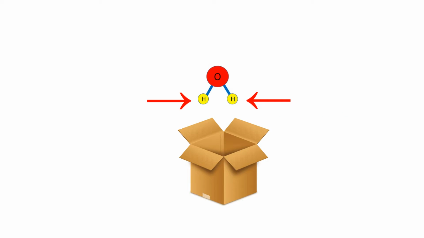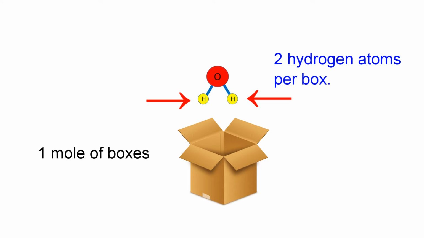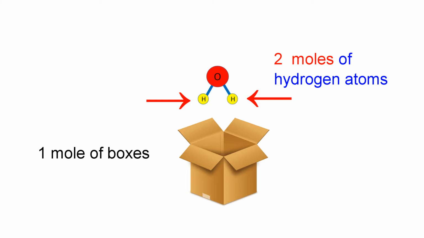Okay, now let's think about the hydrogen atoms. When we purchased 1 mole of boxes, how many hydrogen atoms did we buy? Well, we have 2 hydrogen atoms in each box, and we bought 1 mole of boxes. So we must have purchased 2 moles of hydrogen atoms.